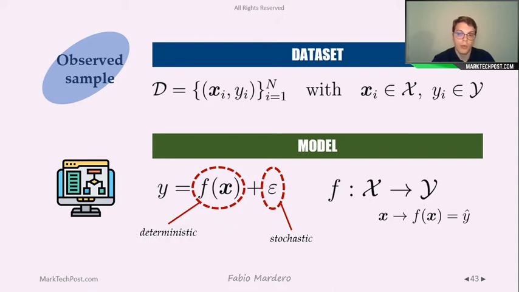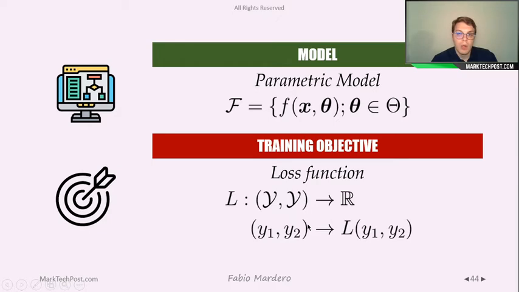And then we say that by adding this deterministic output to some stochastic randomness, we get the real observation. The model is a parametric model, so yes, it takes the features as inputs, but it has some settings inside it, which are described as parameters.